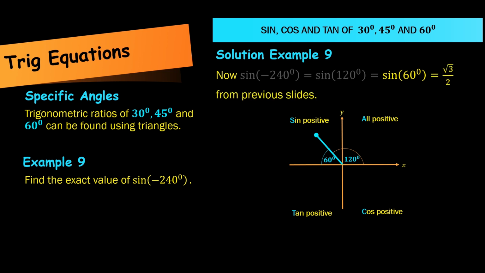And of course, from the previous slides, we know that sine 60 degrees equals root 3 over 2. And therefore, sine minus 240 degrees is equal to root 3 over 2.